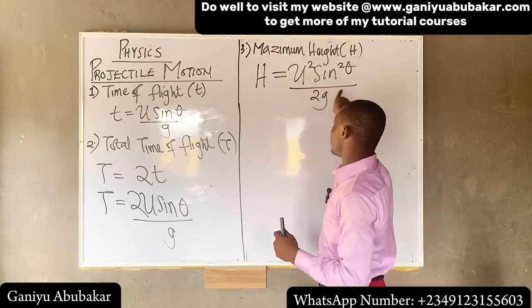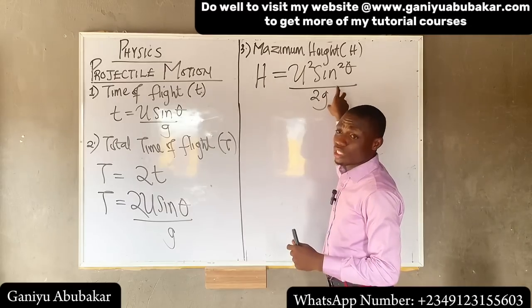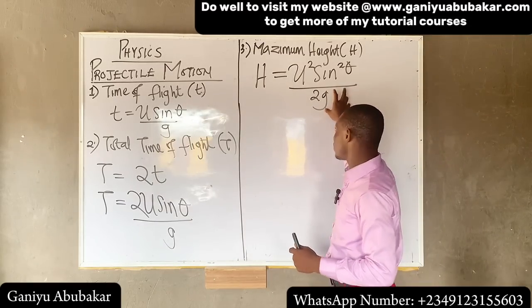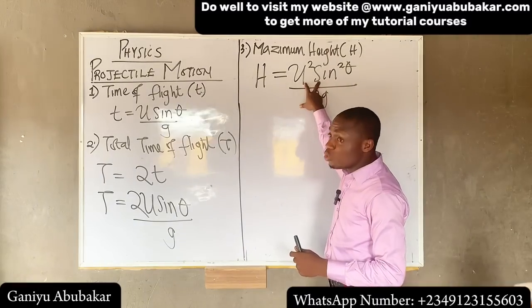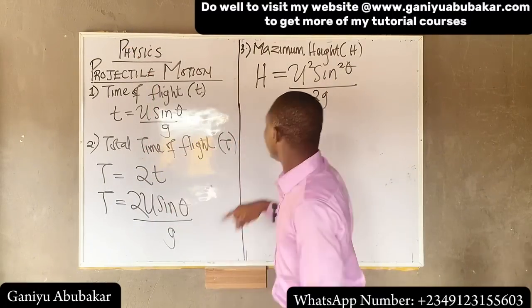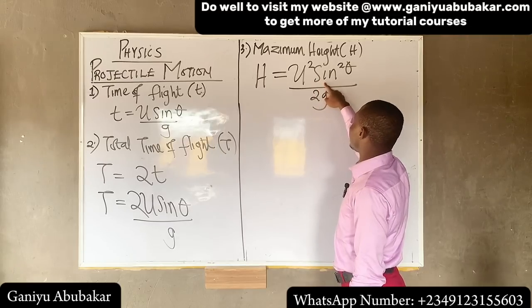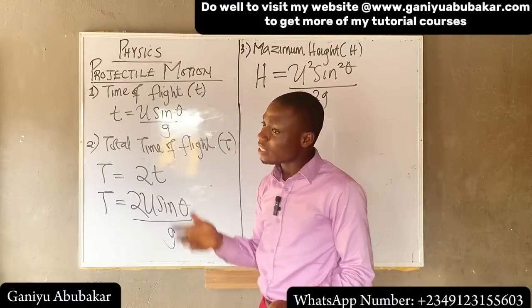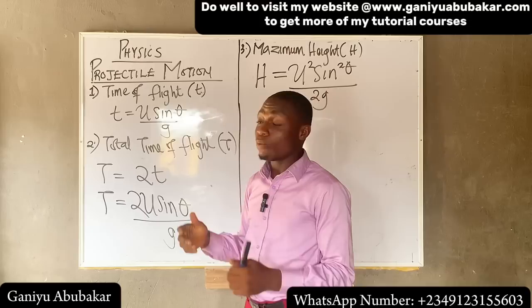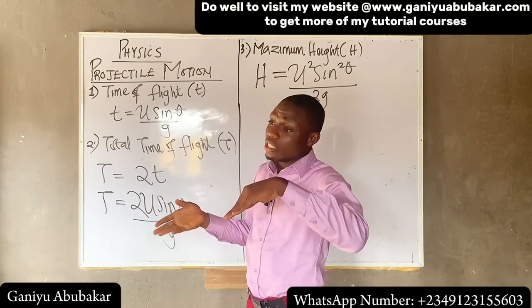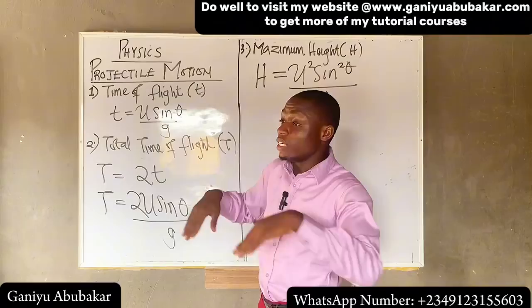This formula was actually discussed before. A girl from Uganda told me that I'm not correct. I thought I was correct with this formula. She said that in the physics textbook she uses, it says u square sine theta cos theta over g. She came to my WhatsApp DM and sent me the textbook and the page.